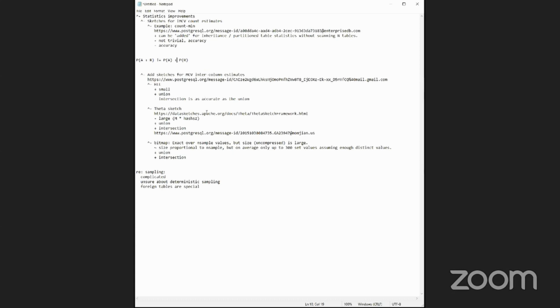But other sketches work well also in the case of intersections. And I'm not sure that Bloom filters can be combined that way, because Bloom filters are, to the best of my knowledge, HLLs but only a single bit, and you can't really intersect them. They're different than HLLs.